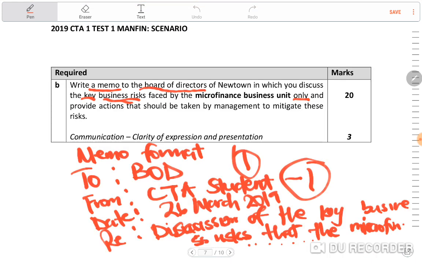Now, what are these key business risks? What is even a business risk? So a business risk is any risk that might hinder the success of an entity.